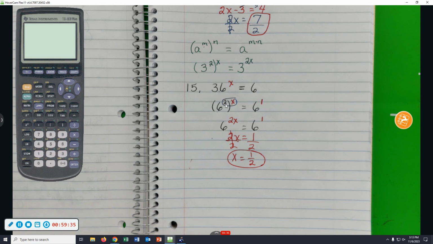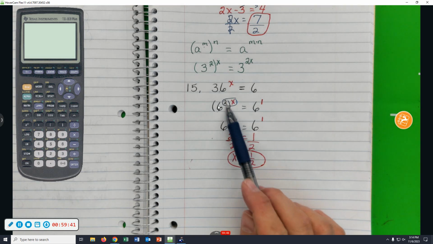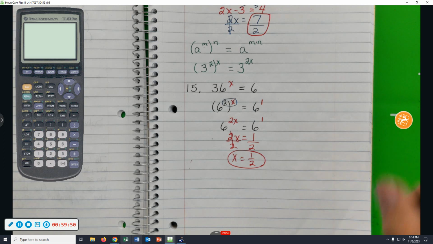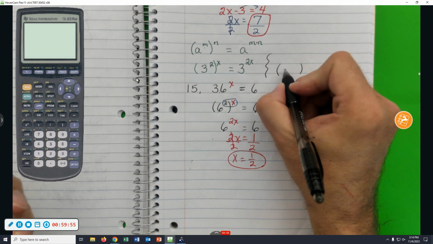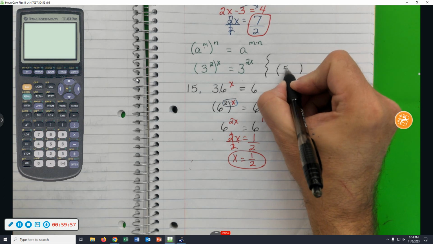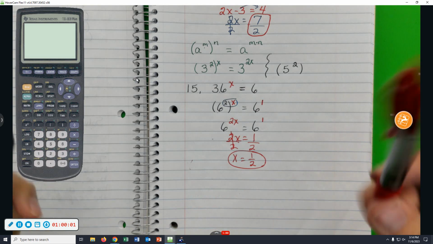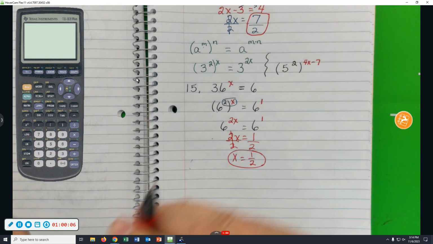And add that power rule to your bag of tricks, because we'll be running into powers raised to powers in the next section, when we're working with logarithms. Power raised to power, you multiply. Hey, in fact, just so that they've seen this, what if we had something like this? 5 squared raised to the 4x minus 7.